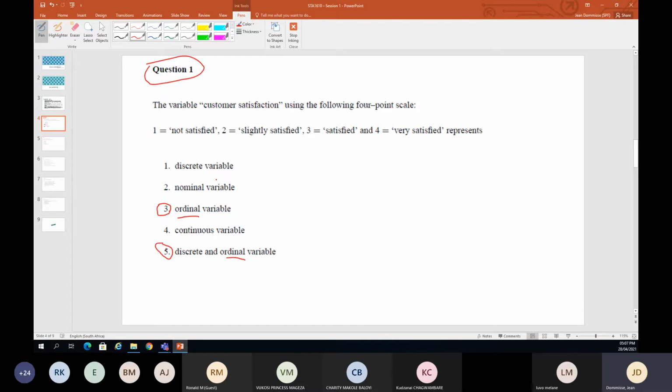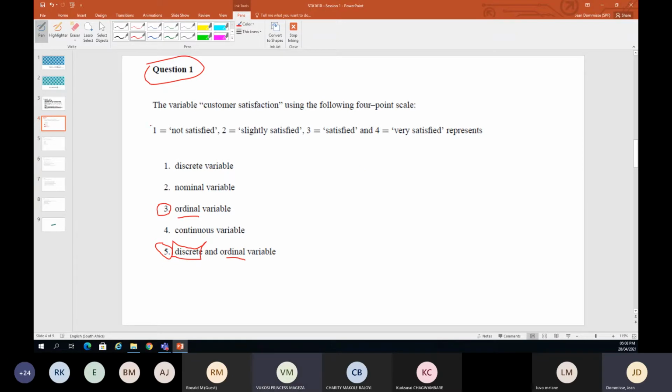So then if I look at discrete, why can't it be discrete? Discrete is when the number is not referring to categories. Discrete is nearly how many students are on this call.